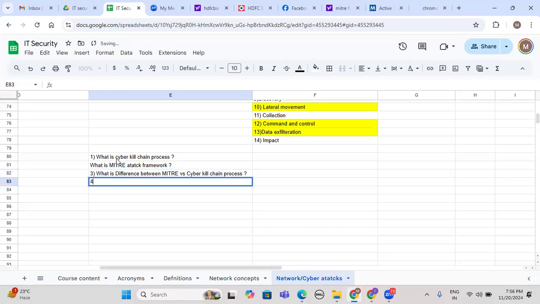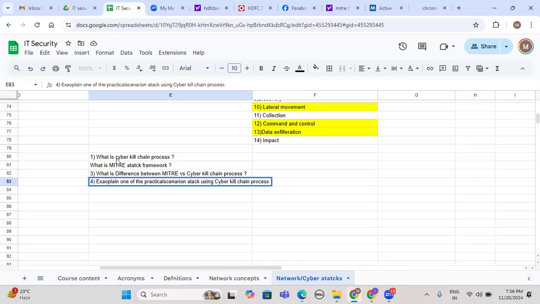Fourth, explain one practical scenario attack using the cyber kill chain process.